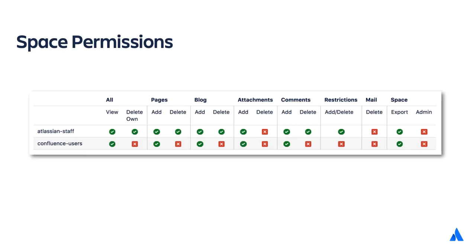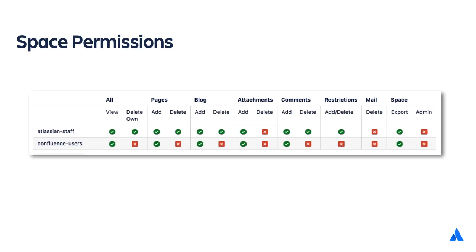Then we have permissions that grant users, groups, or anonymous users the ability to add or delete pages, blogs, attachments, or comments. Then there are permissions that grant users the ability to add or remove, view or edit restrictions on pages and blog posts. Next, there are mail-related permissions. And finally, there are general space-related permissions, which give users the ability to export or administer the space.